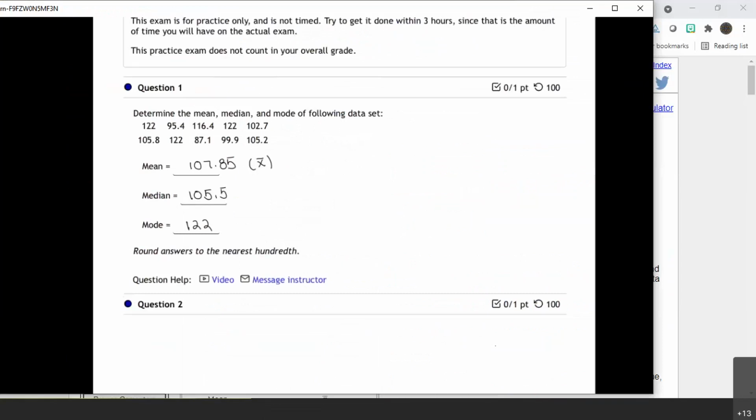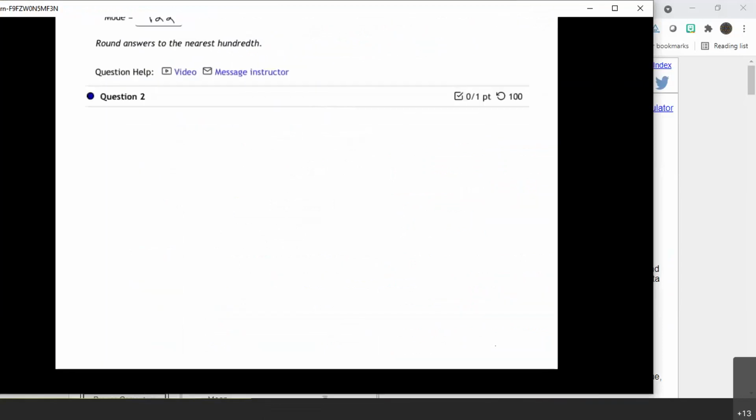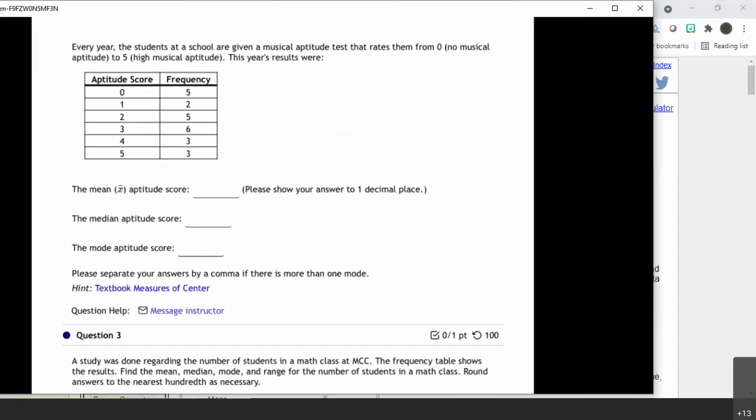Question two. Question two is again a frequency distribution. This is a musical aptitude test. Let's not talk about how accurate tests are, okay? Basically, the scores go from 0 to 5, but there are certain numbers of people who fall into each category.